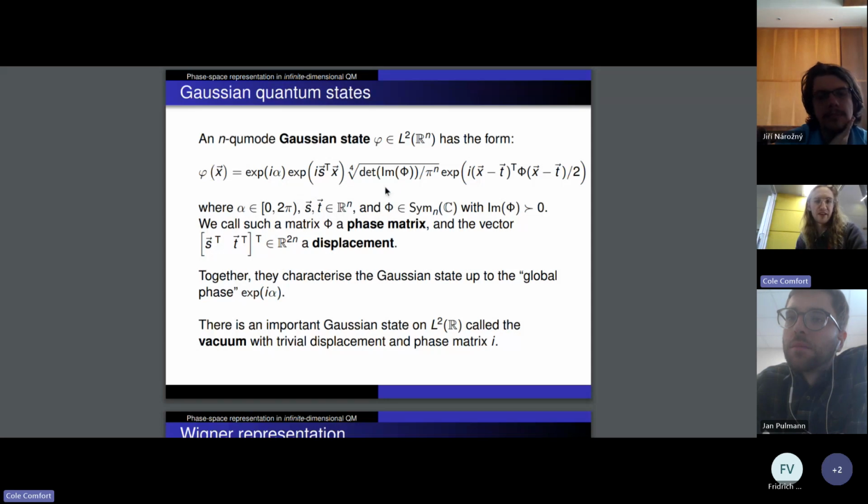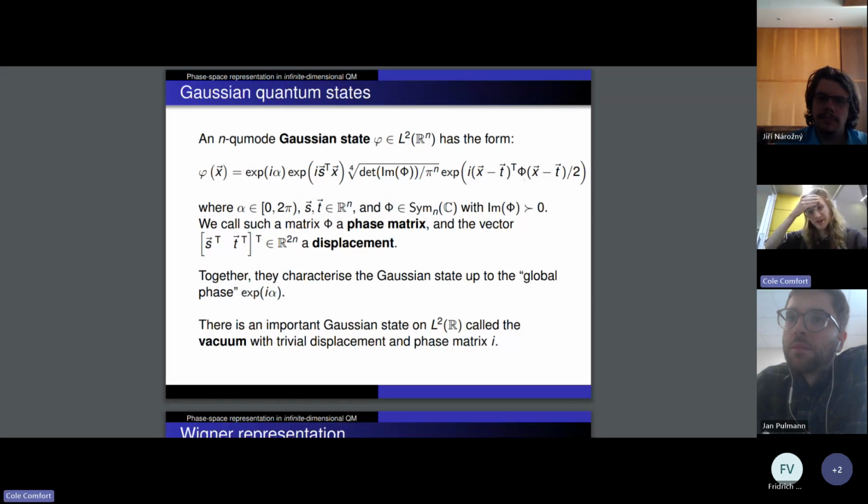And then this phi, which comes up both here and there, is this symmetric matrix whose imaginary part is strictly positive definite. We're going to call that the phase matrix. And in the literature, this is the continuous variable generalization of a stabilizer state, things of this form.